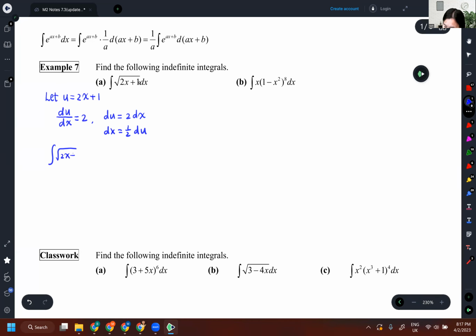Okay, as long as you get that. And then I can somehow use the u 1 over 2 du. And this one is one of the formula that applies here. That is the power rule.